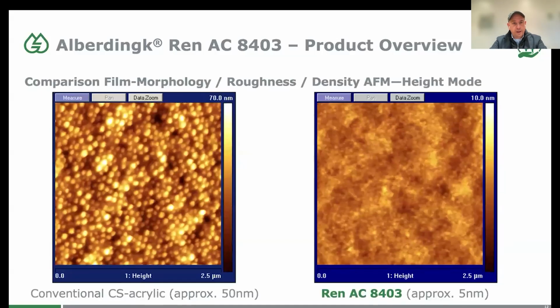So if you make an AFM picture of such a resin surface, on the left-hand side, you have a conventional proper core shell acrylic emulsion with a particle size of probably like 80, 90 nanometers, which has been formed a film, and then it has been analyzed with atomic force microscopy in tapping mode.